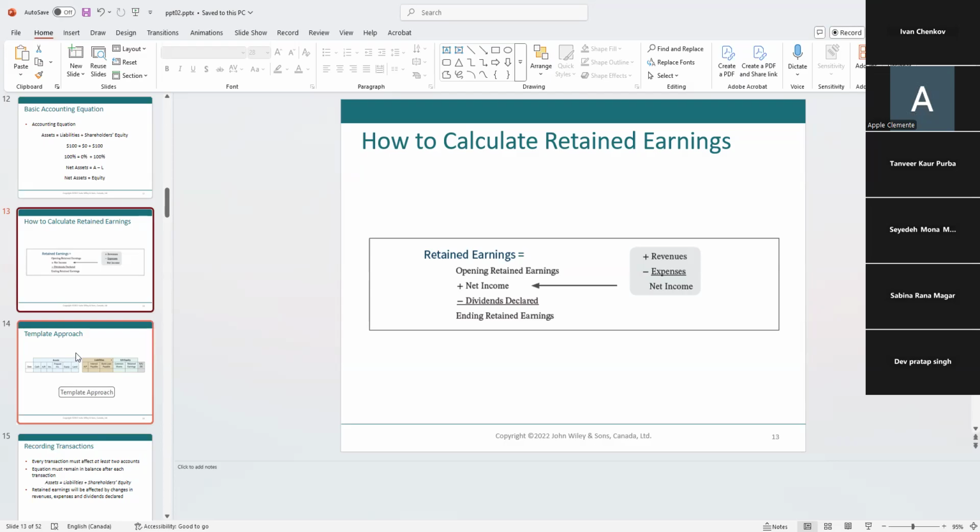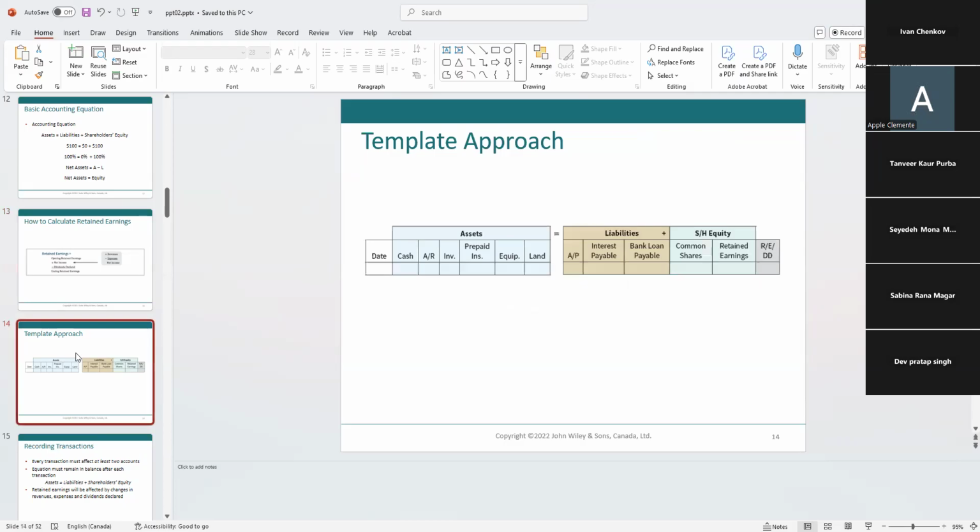So now we're going to start doing transactions, and we're going to see how the whole thing works on one spreadsheet. First, we're going to have our assets, liabilities, equity, and revenue, expenses and dividends. Assets: cash, accounts receivable, inventory, prepaid insurance, equipment and land.